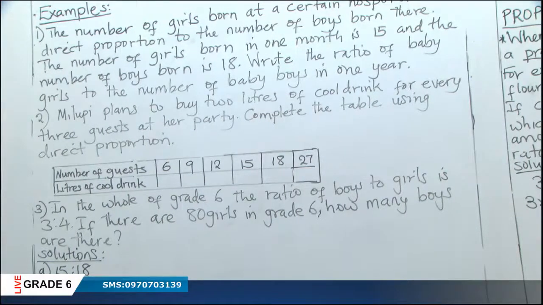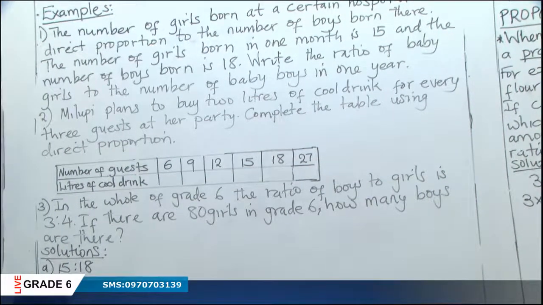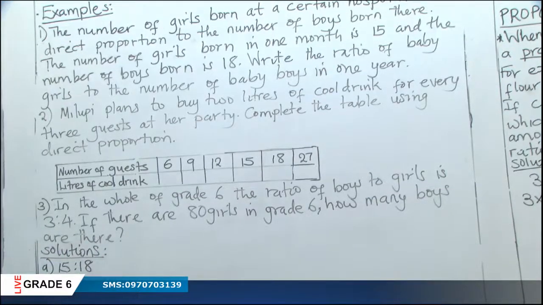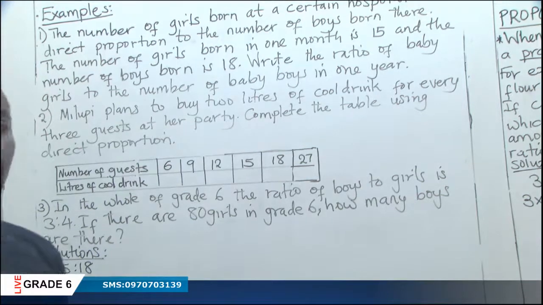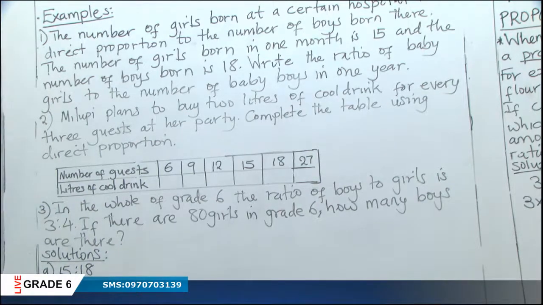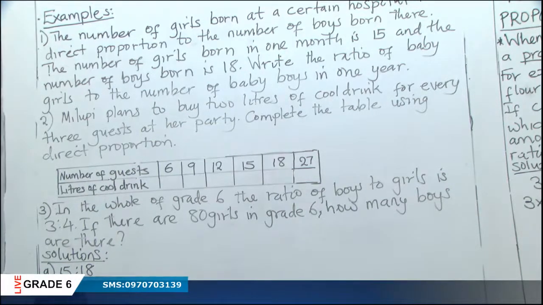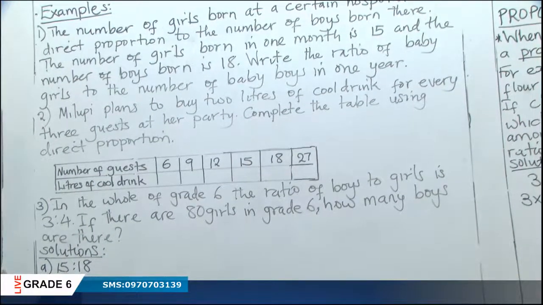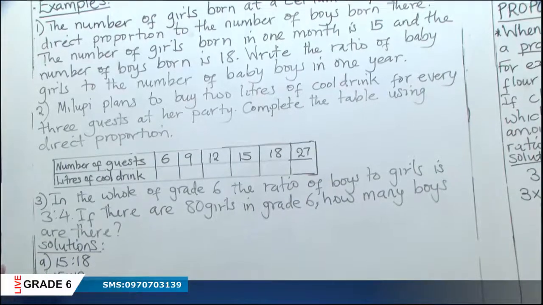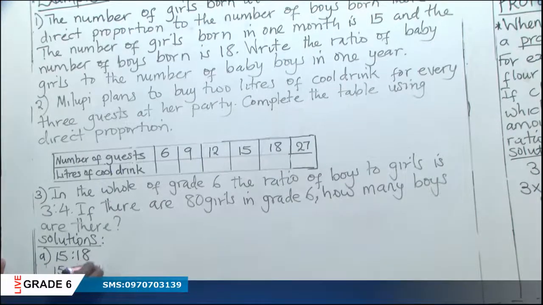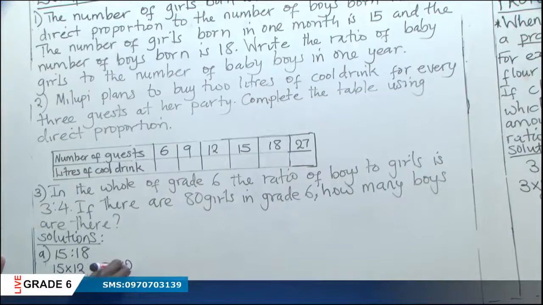So this is our solutions. Let's understand the question together. The number of girls born in 1 month is 15, and the number of boys is 18. So our ratio is 15 to 18 in 1 month. Now let's find the ratio for 1 year. We know that in 1 year there are 12 months, so we are going to multiply 15 times 12 and 18 times 12.